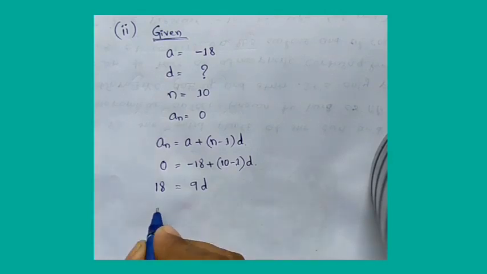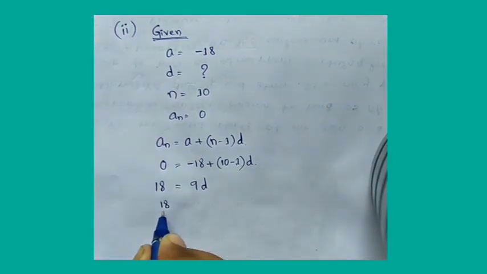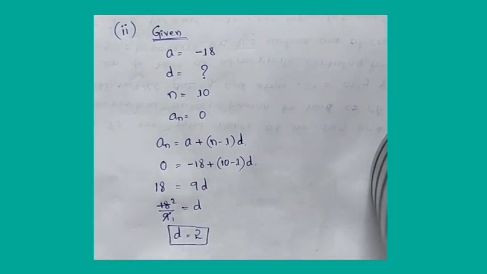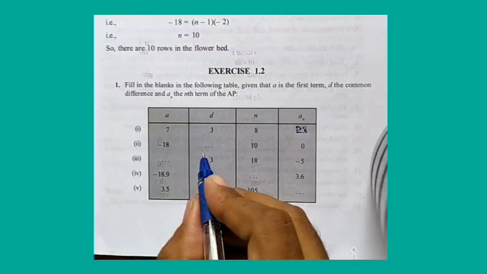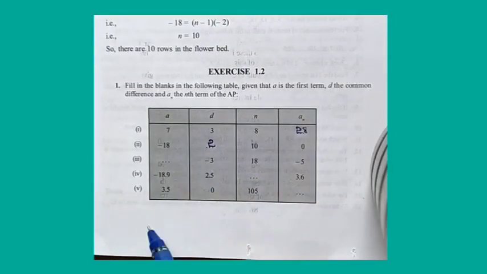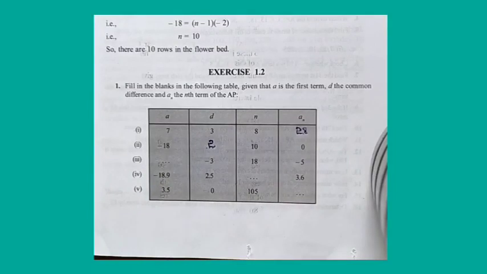So 18 divided by 9 equal to D. 9 ones are 9, 9 twos are 18, so D equal to 2. Now we got common difference, D equal to 2. So here we have to write common difference 2. Like that you do the other 3 problems as your practice.